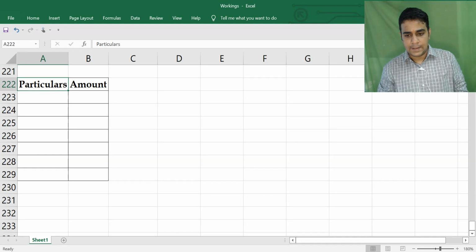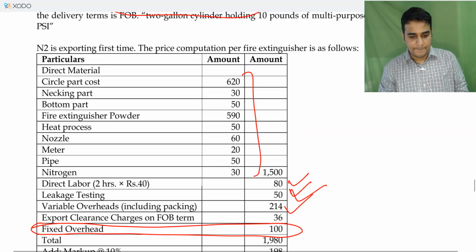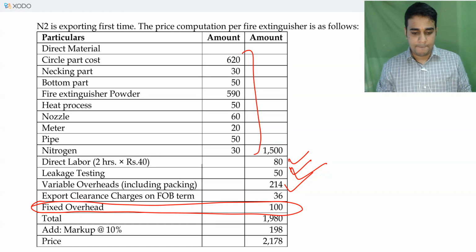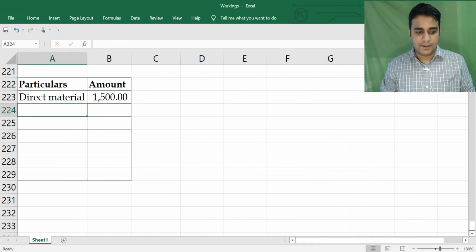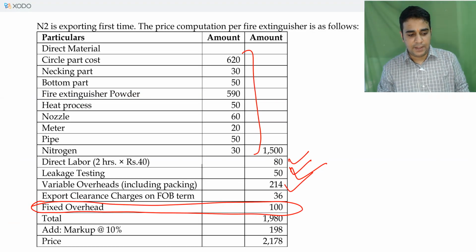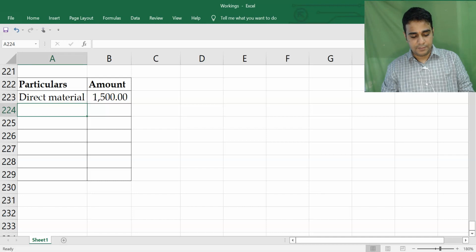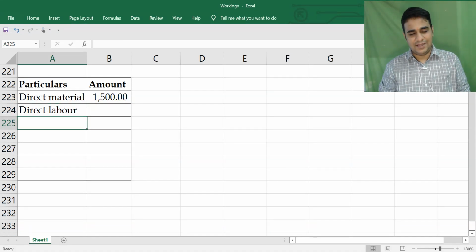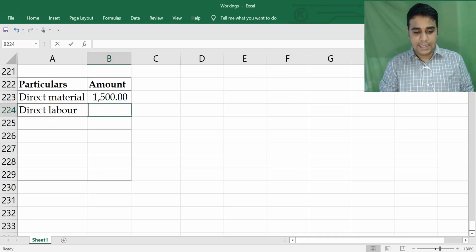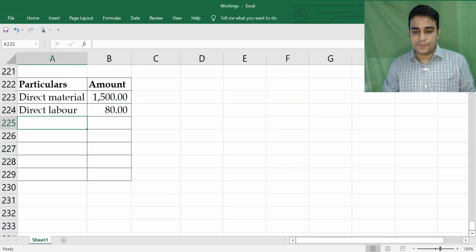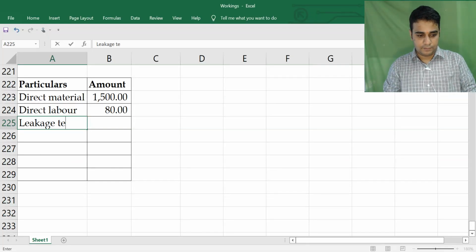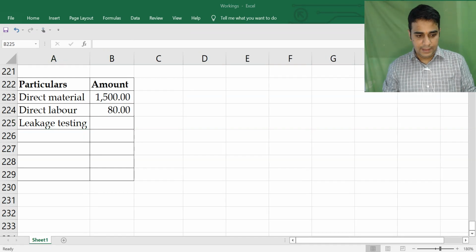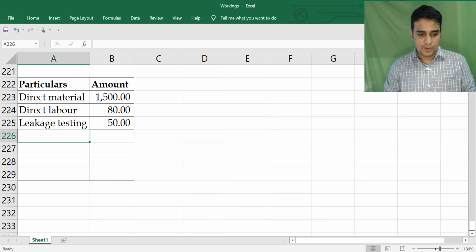Direct material 1500. You can write even a single entry also, it's fine. Direct labor 80. Leakage testing 50.